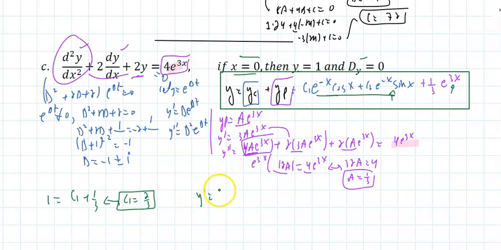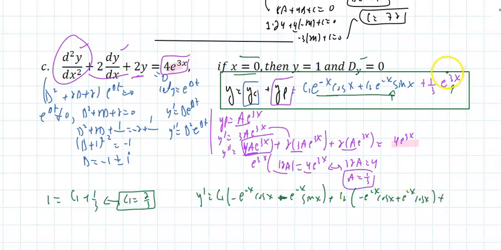Y prime is c sub 1 times negative e to the negative x cosine of x minus e to the negative x sine of x, plus c sub 2 times negative e to the negative x cosine of x plus e to the negative x cosine of x, plus, if you bring the power down, that's just e to the 3x.